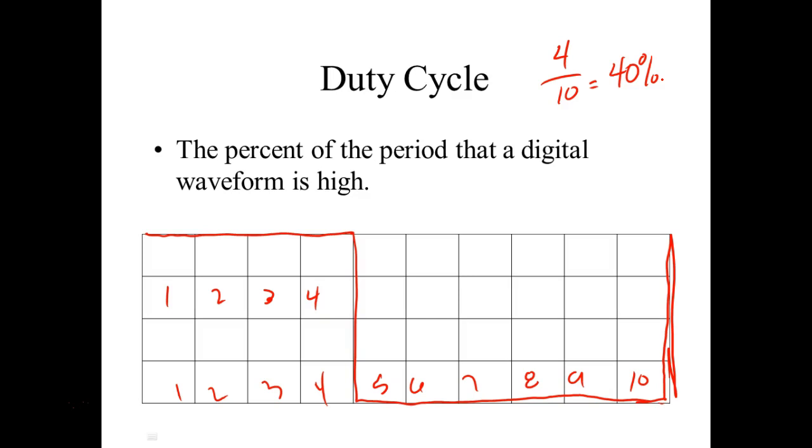First of all, we figure out the time for a cycle. Do y'all understand that? No matter what you start with, it's the percent of the period that is high. The period is the time it takes for one cycle.